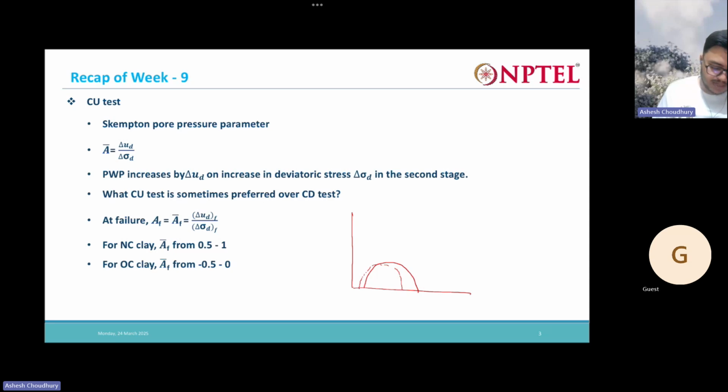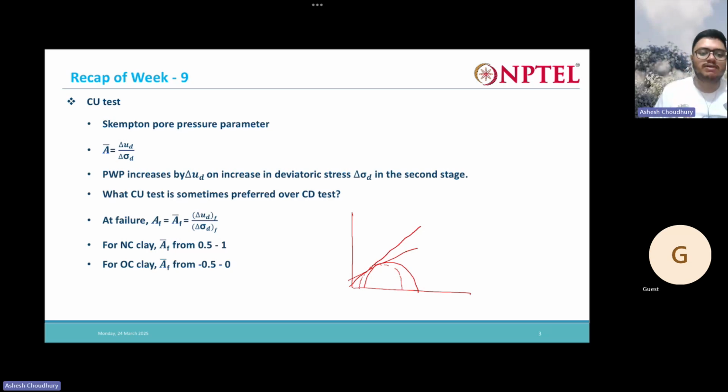From this circle you can get the total stress value, and from this circle you can get the effective stress value. So both effective and total undrained parameters you can get from the CU test.